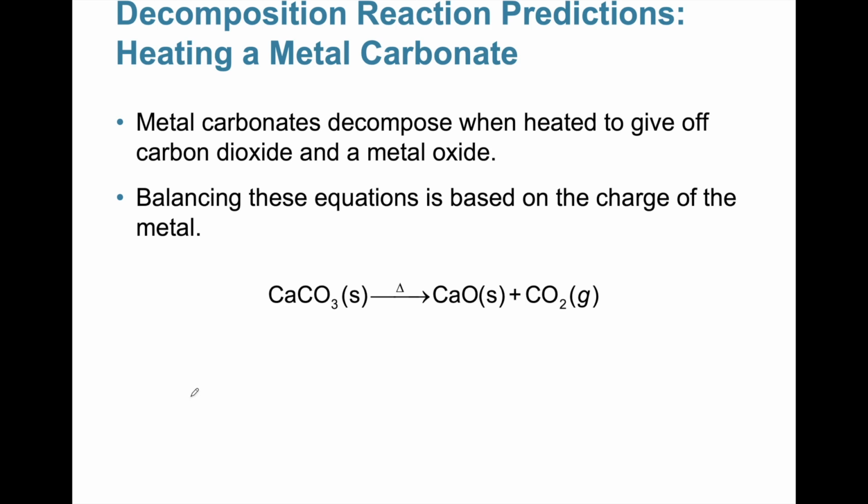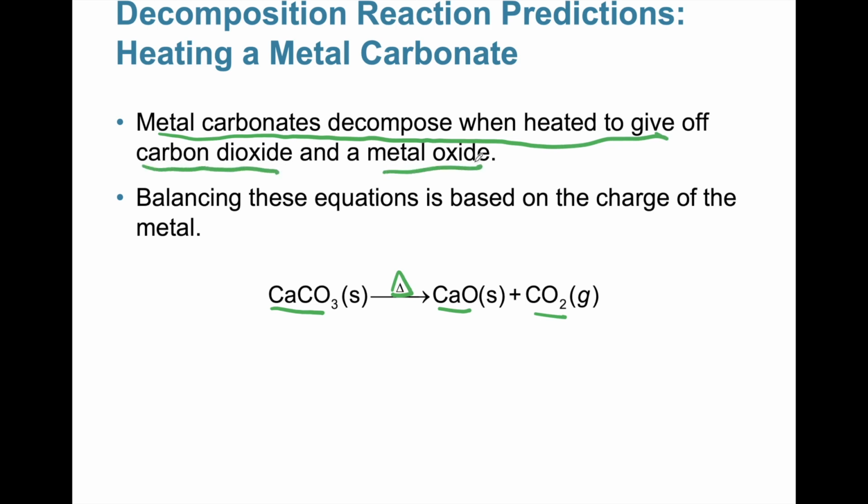All right, so just a little bit more about decomposition reactions. I talked about this in the previous slide, but we have calcium carbonate here. Add a little bit of heat to it, and we get calcium oxide and CO2. So metal carbonates will decompose when heated to give up carbon dioxide and a metal oxide.